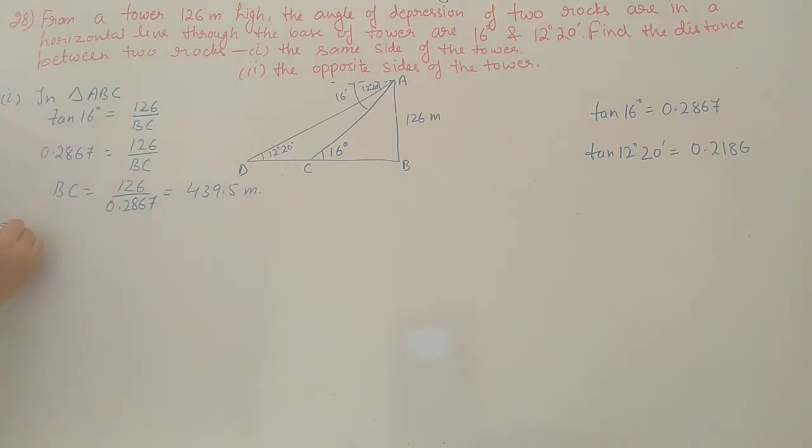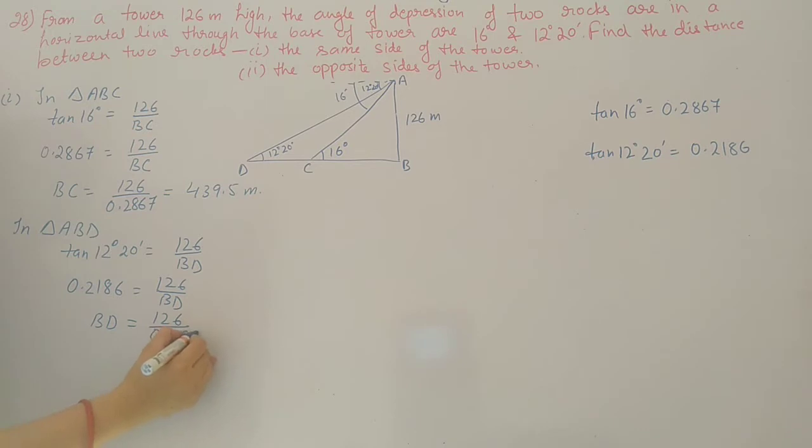Now take another triangle, triangle ABD. Tan 12 degree 20 minute is equal to height by base. Base is BD. This value also you have to check from the table, which is 0.2186, equal to 126 by BD. So BD is equal to 126 by 0.2186. Do the calculation and you will get 576.4 meter.